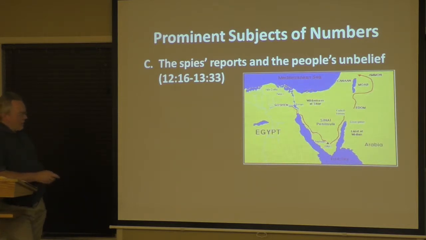And if you remember the account, again, this would be up and around this area. If you remember the account of the spies and their report, when they came back with just incredible stories. This land is richer than we ever thought it would be.